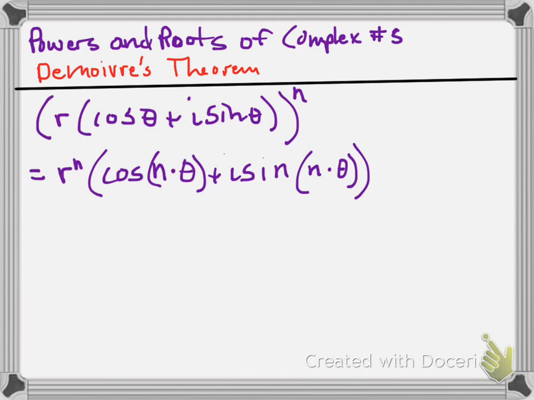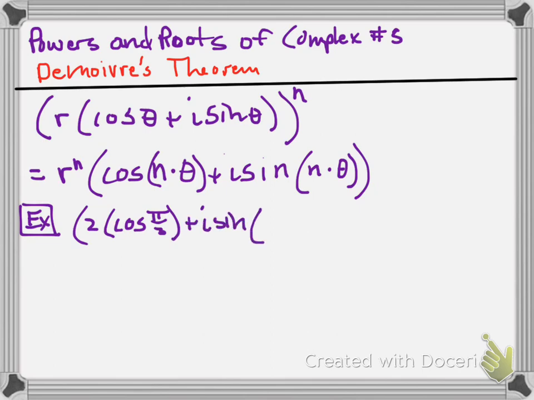Here's an example of what this would look like. If we take 2 cosine of pi over 3 plus i sine of pi over 3, and we raise this number to the 5th power. Let me rewrite that. That's kind of sloppy.